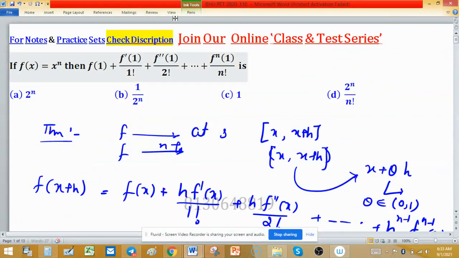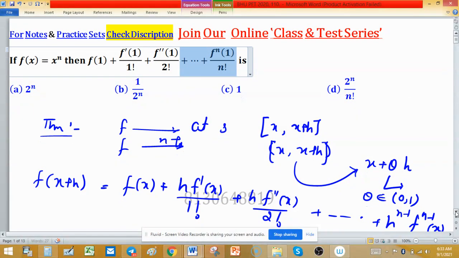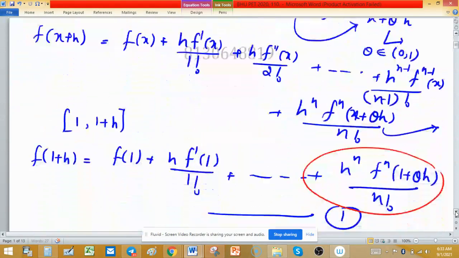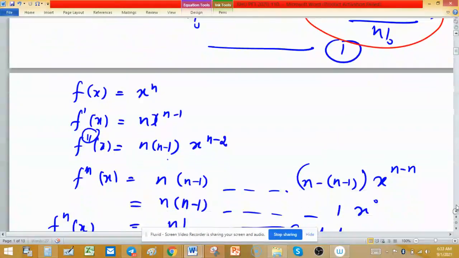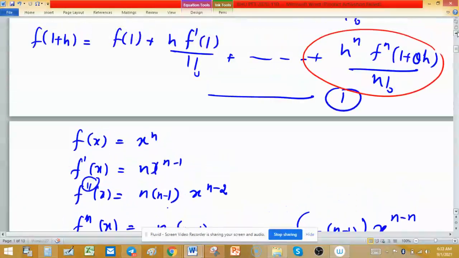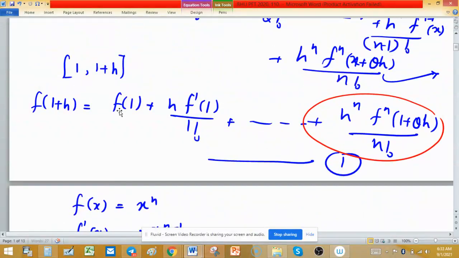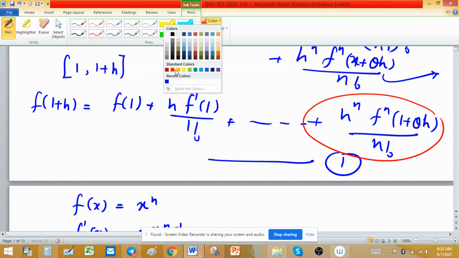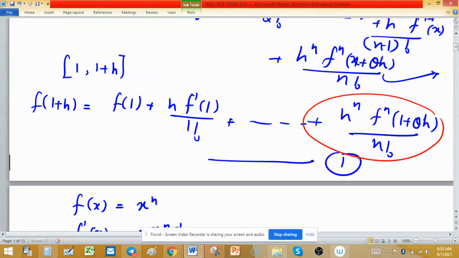Now we have to find the value of f(1), f'(1), f''(1)/2! and so on up to f^(n)(1)/n!. You can see h is not there, so we have to put a value of h in this equation. As you can see in equation 1, if anyhow I can put the value of h as 1, then we are done somehow.